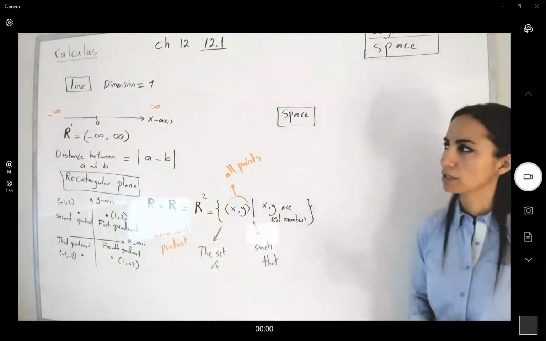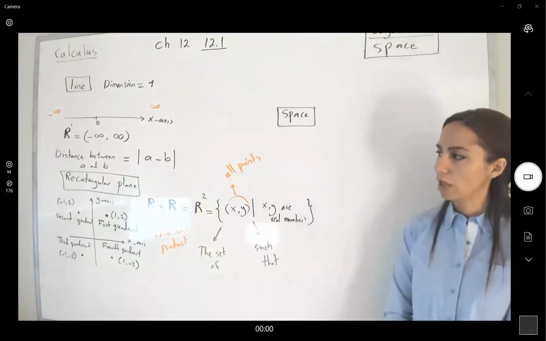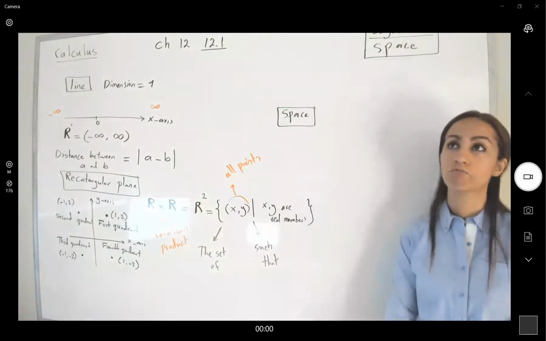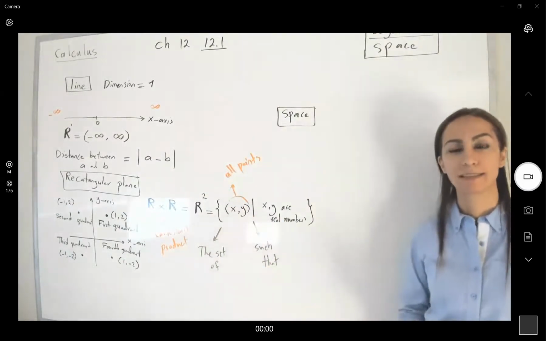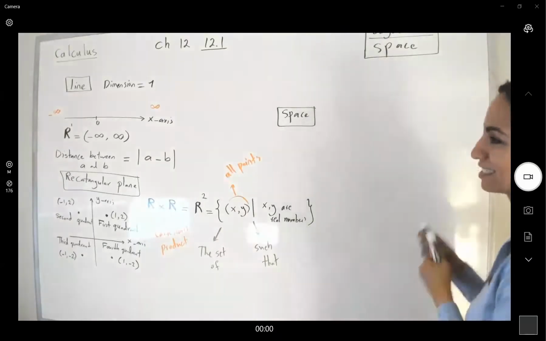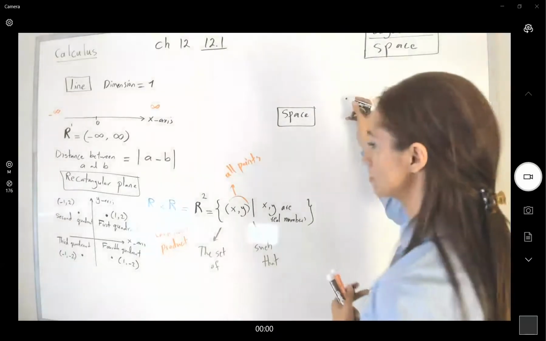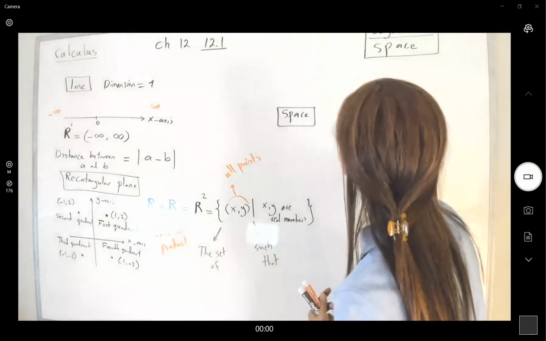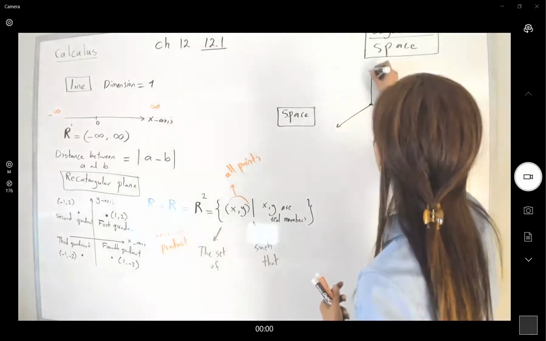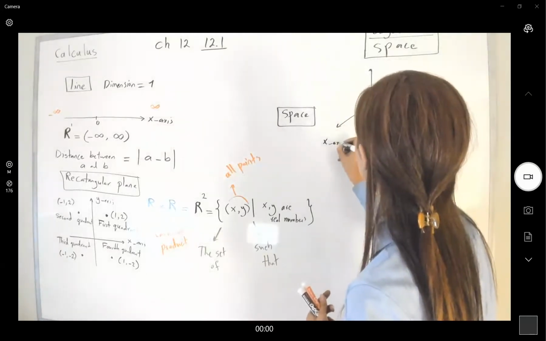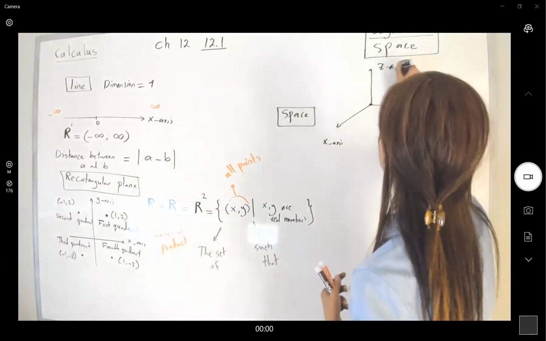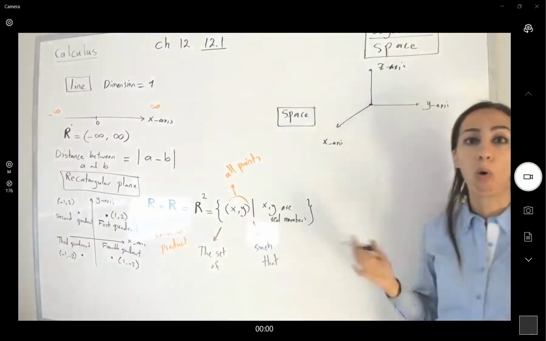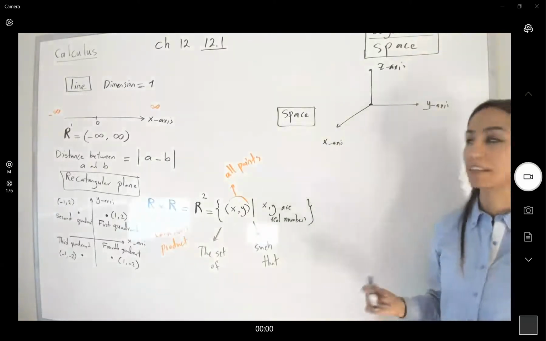And then we said that, okay, we have x, we have y. What about the space itself? How do you define the space? Space is defined as x-axis, y-axis, z-axis, and all points in the space.